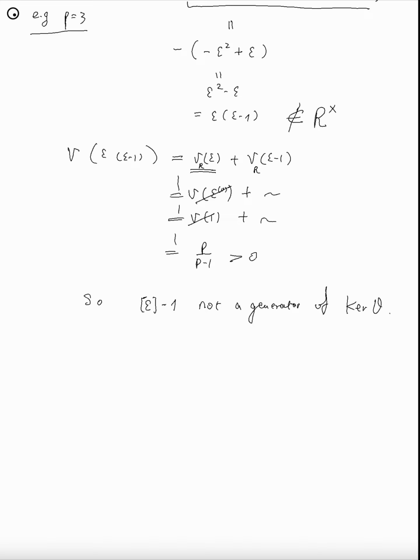Do I have to discuss whether P is 2 or not? I didn't say where I need to do that. Let me first be safe to say P is bigger than 2. What happens if P equals 2? What happens when P equals 2?